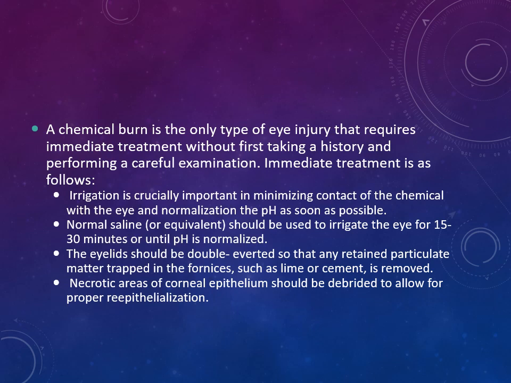And after we do the proper irrigation, we may now come and take good history, do proper examination, assessing the extent of the injury, the degree of ischemia, the degree of penetration of that chemical.